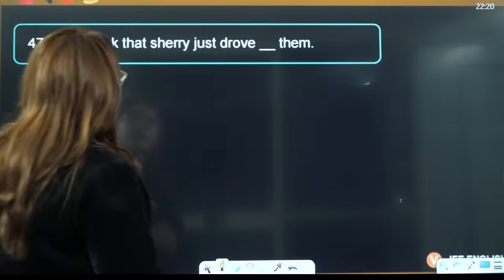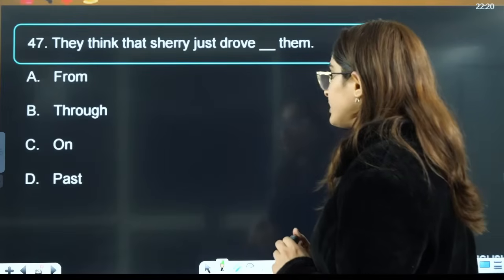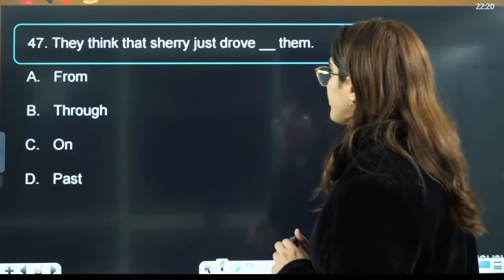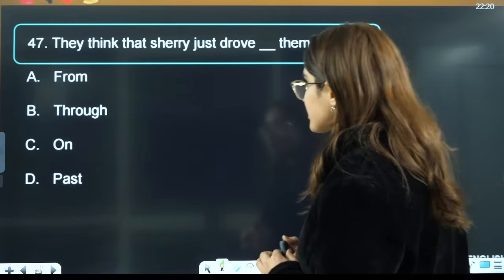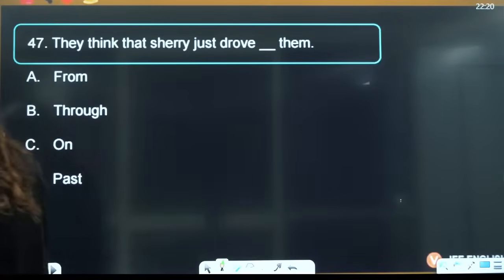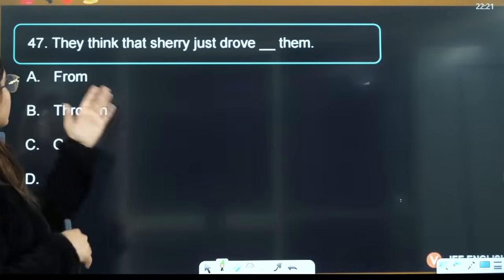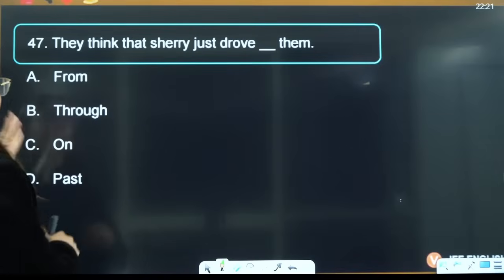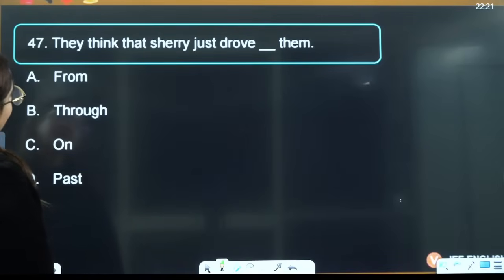They think that Sherry just drove dash them. On them, through them, past them, from them. Someone was driving, Sherry just drove through them, right? Wait a minute. They think that Sherry just drove from them will not be there.